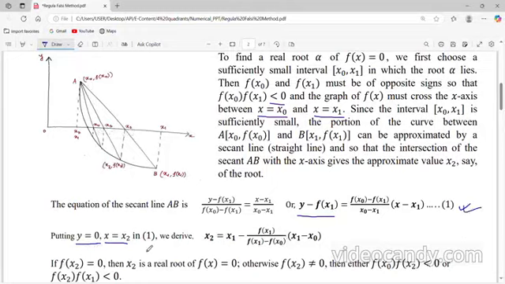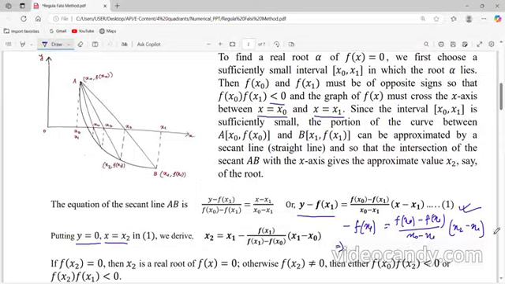After deriving we get x2 equal to x1 minus f(x1) divided by (f(x1) minus f(x0)), times (x1 minus x0). How do we get it? We put y equal to 0 in equation 1, so minus f(x1) equal to (f(x0) minus f(x1)) divided by (x0 minus x1), times (x2 minus x1), because we put x equal to x2.